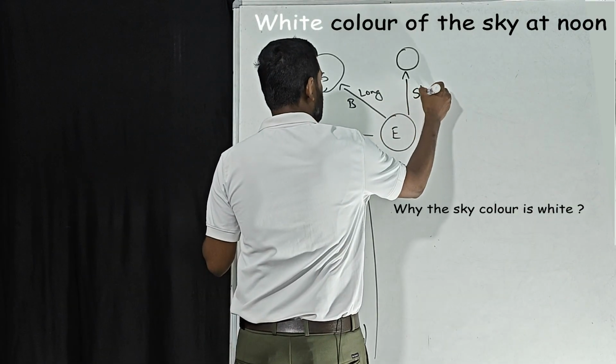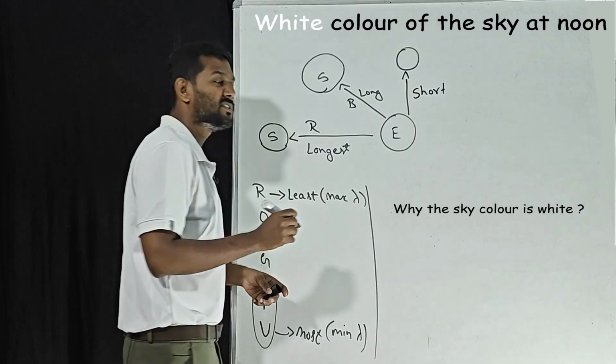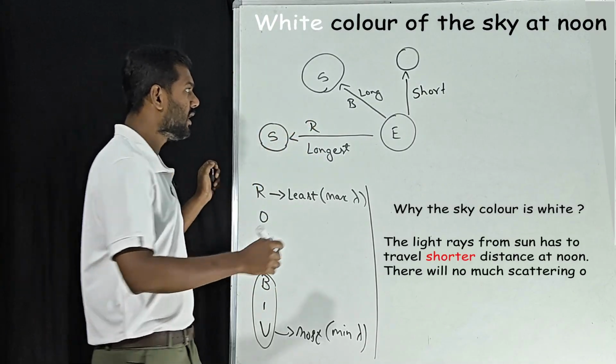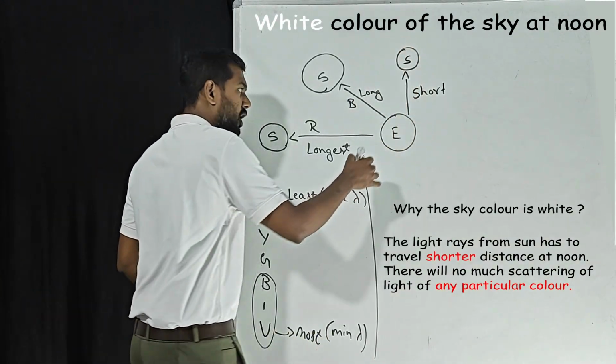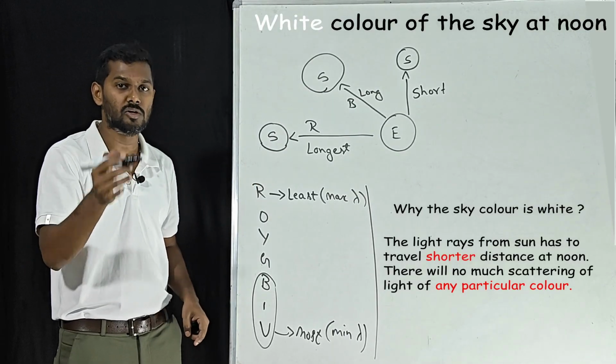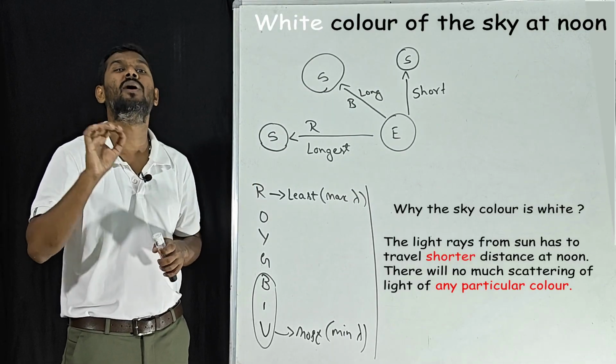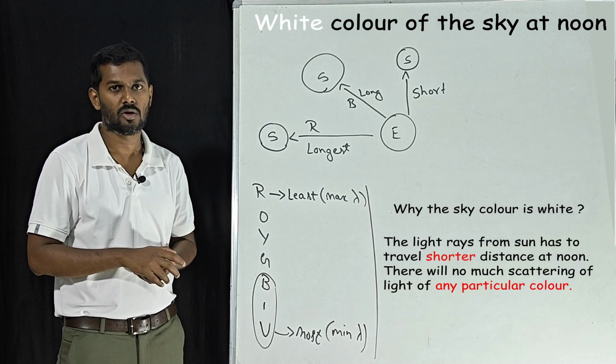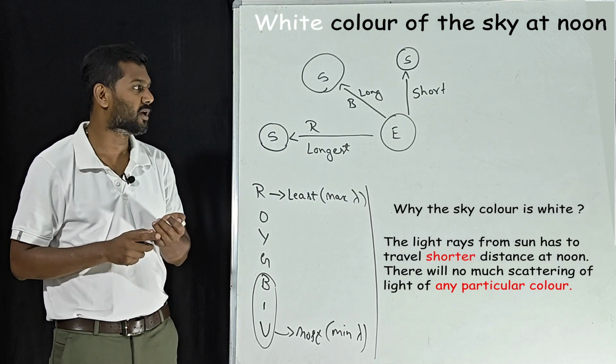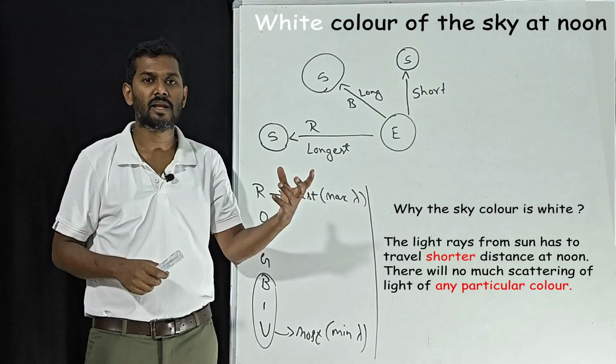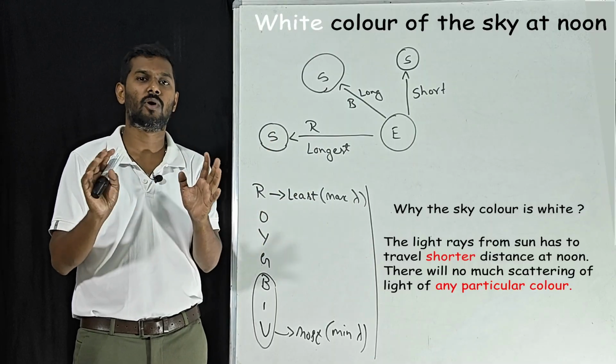The distance between the sun and the earth is short during the noon, so there will not be much scattering of light in the atmosphere. That's why all the light combined we see as white color.